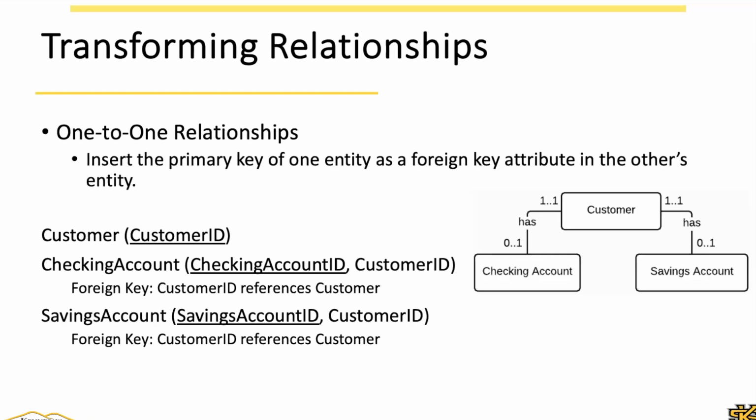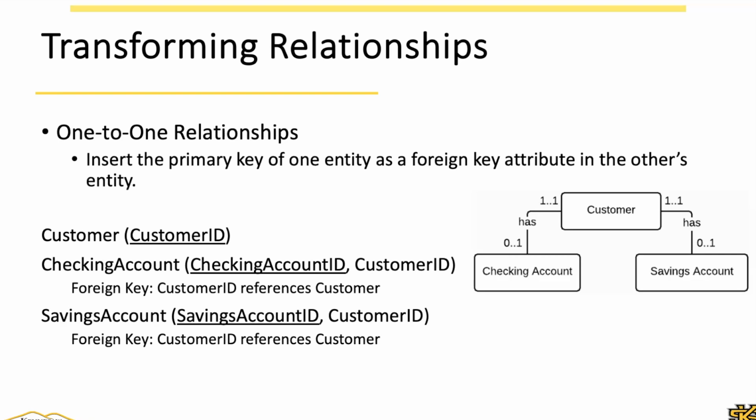We know that each customer can have 0 or 1 checking accounts or 0 or 1 saving account. But if there is a checking or saving account, it must be associated with exactly one customer. This means that the bank or financial institution does not allow shared accounts. Here is how this can be implemented.